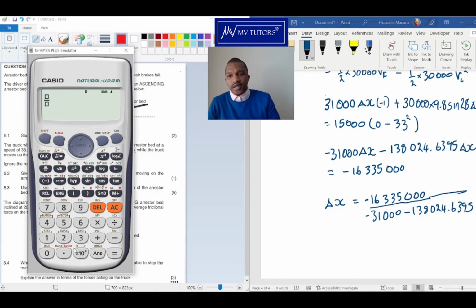Okay, I'll put it like this in fraction form. So it's negative 16,335, 3 zeros. Here it's negative 31,000 minus 138,024.6395.